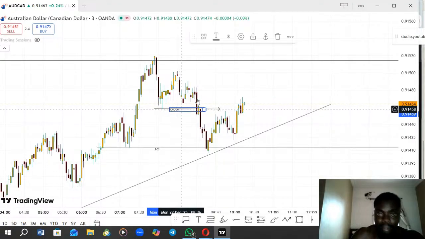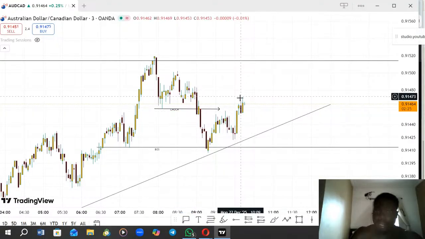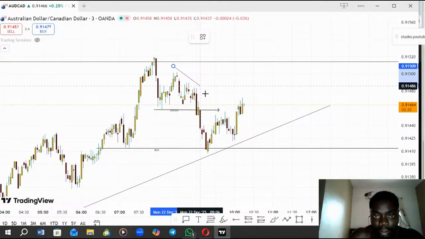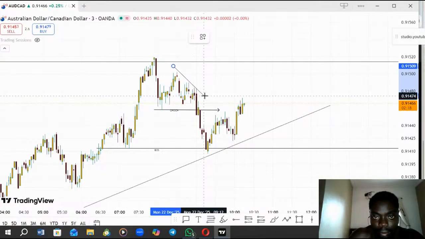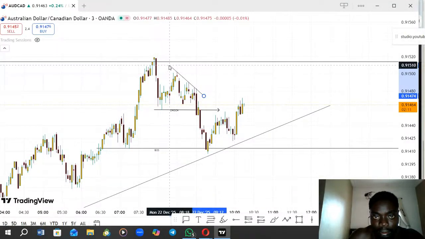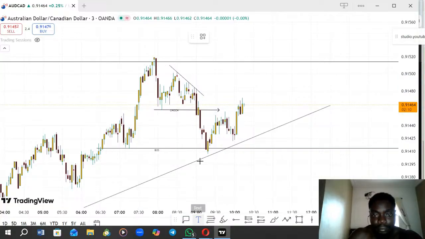You don't want to sell here. You can see that we have lovely trend line liquidity forming very, very well.